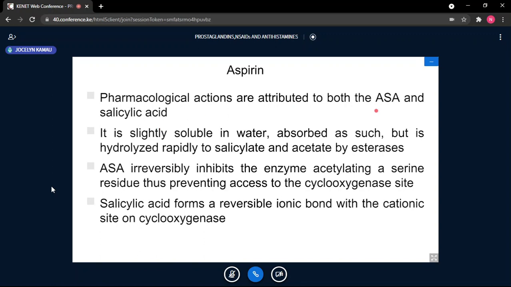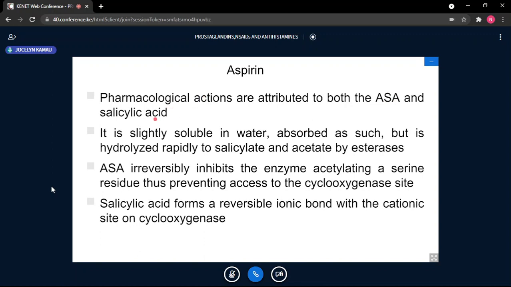Pharmacological actions are attributed to both aspirin, acetylsalicylic acid, and also to salicylic acid itself, as we have said. Salicylic acid will not acetylate, but it will inhibit the cyclooxygenase enzyme, whereas acetylsalicylic acid will acetylate the enzyme.